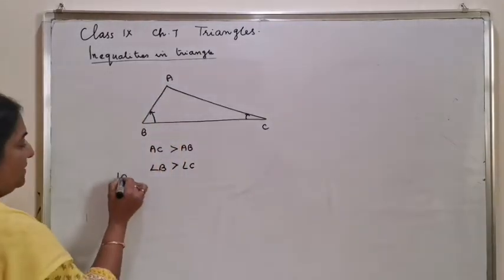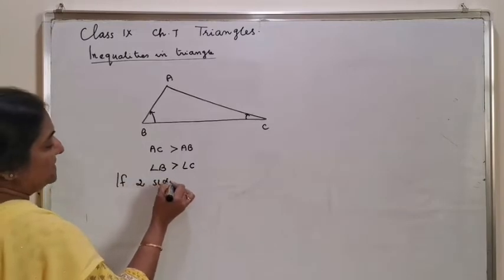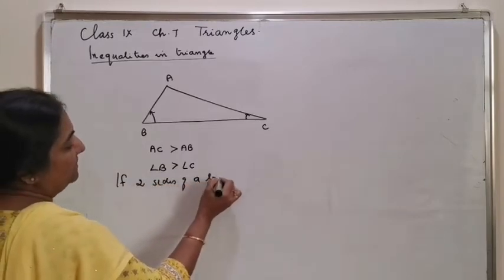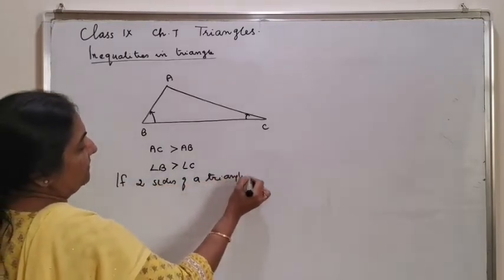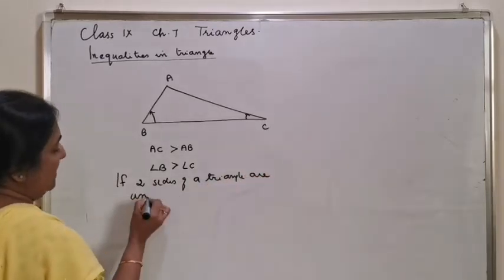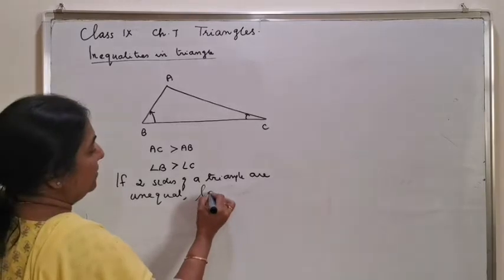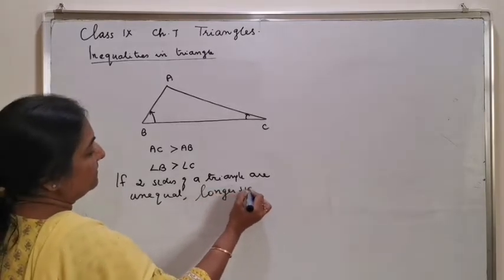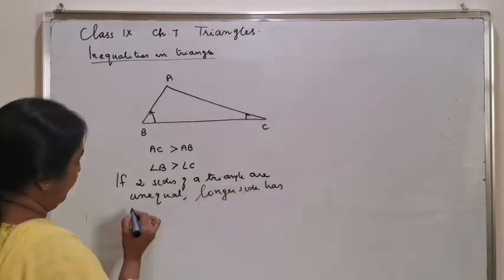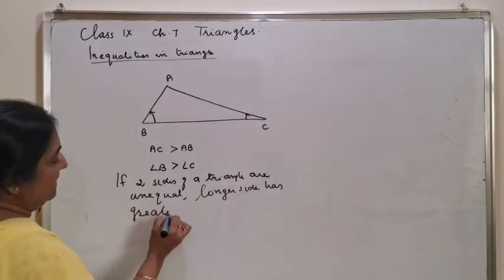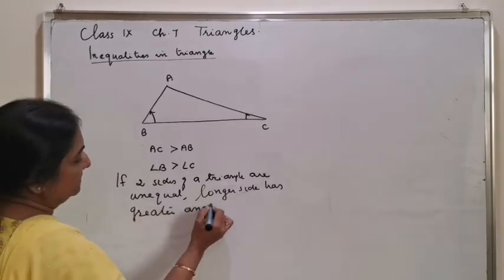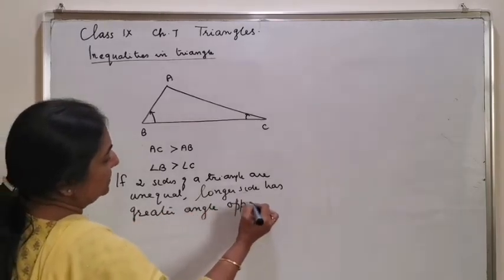So if two sides of a triangle are unequal, the condition is longest side has greater angle opposite to it.